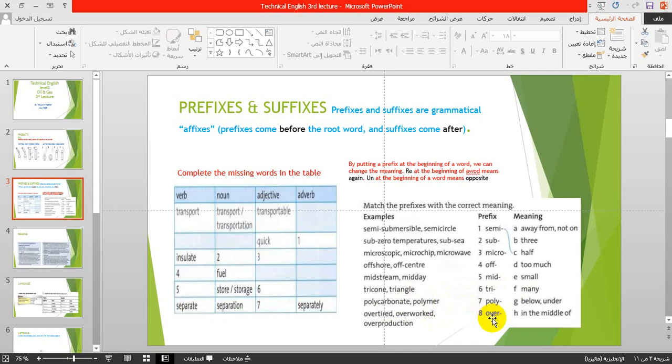The last one, over, it means too much: overtired, too tired; overworked, overproduction. So one again, one is C, two is G, 3 is E, 4 is A, 5 is H, 6 is B, 7 is F, and 8 is D.